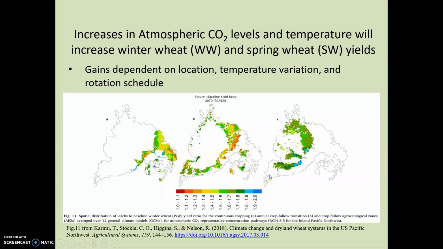This is looking at crop fallow transition, crop fallow, or different crop rotation schedules and how they impact that. Certain areas go continuous planting and they don't let fields stay fallow. Some rotate. That all depends. So this is the first one that's showing gains across the board. And this is a 2070 picture, so that's 50 years down the road.